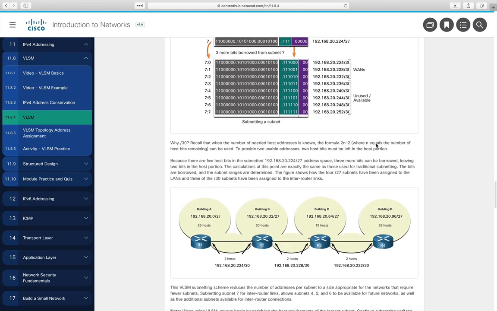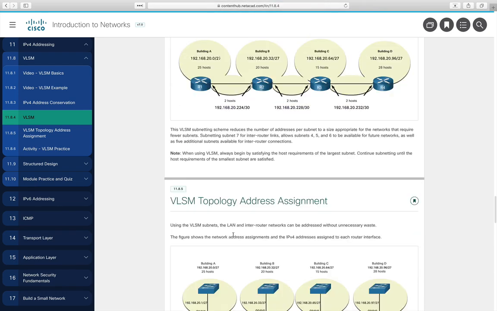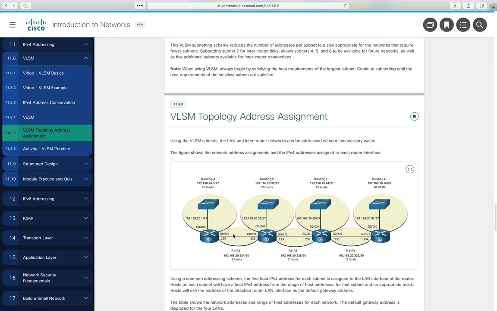So here they're just showing us those IP addresses being assigned, the new /30s down here being assigned in the topology. So what they talk about is, they say without unnecessary waste.